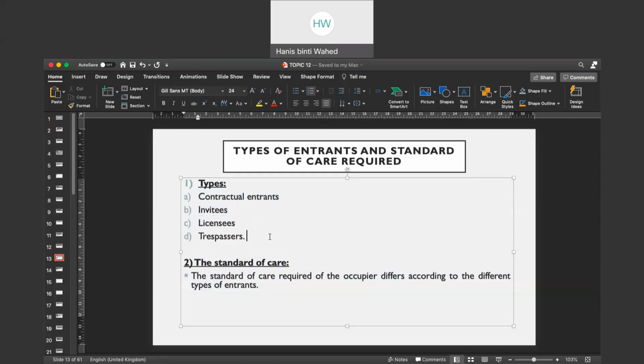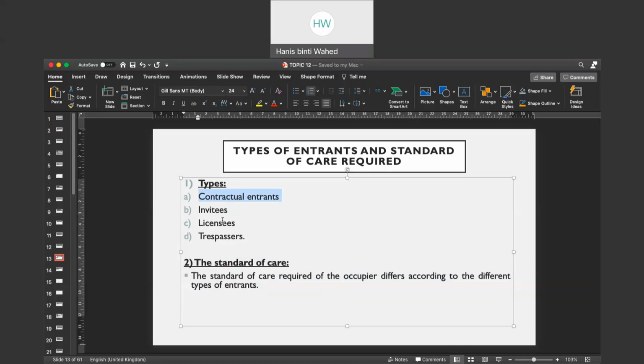If you read articles or any textbook, it seems that the occupier owes the highest duty of care towards contractual entrants. The standard of care of the occupier will be different according to the different types of entrants.